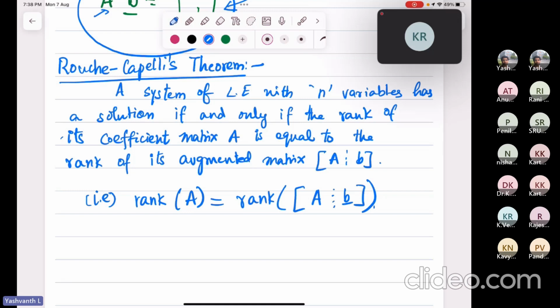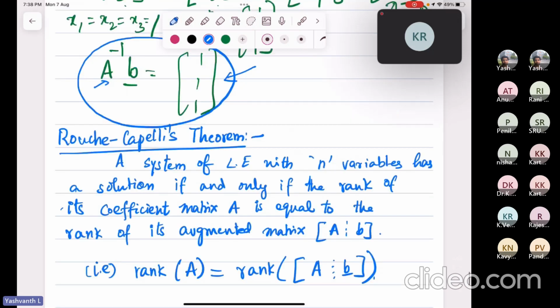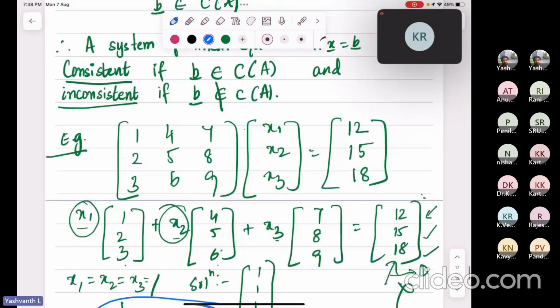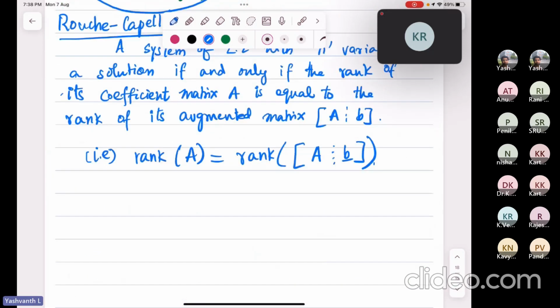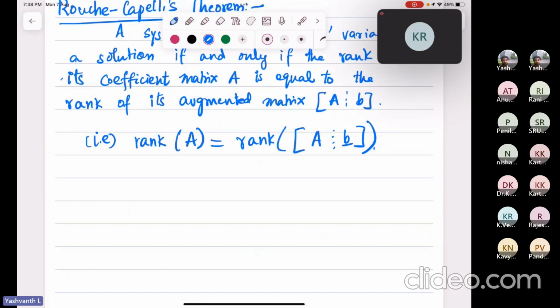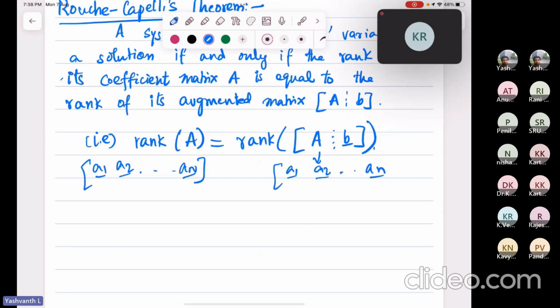It's intuitive because earlier I told that b should lie in the column space of A, which means b cannot be linearly independent of the column vectors of A. That is as simple as that. If you have the vectors A1, A2, and so on till AN, and the augmented matrix is A1, A2, and so on till AN, and the last vector is b, and b lies in the column space of the matrix A, then b has to be a linear combination of these vectors.